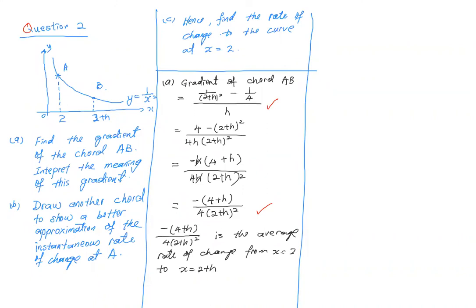This one, everything must be correct. If not, we will not give you the mark. You have to definitely mention this, then you get 1 mark here. All these words must be there. So that is 3 marks.